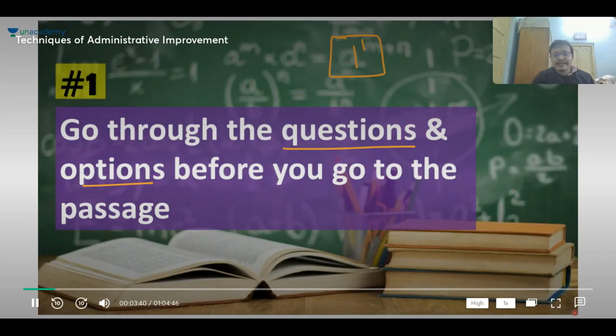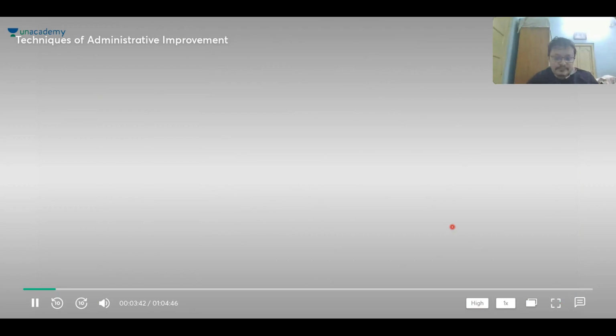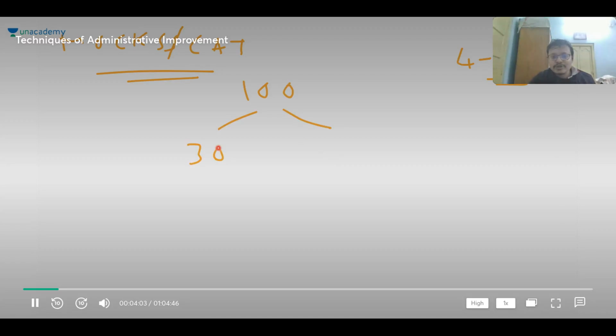The reason is simple. If you look at most of the passages, be it in your mocks or in the actual CAT, you would have noticed that there are only 4 to 5 questions per passage, whereas the passage might be very, very lengthy. In most passages, you can break it up into a 30-70 rule.